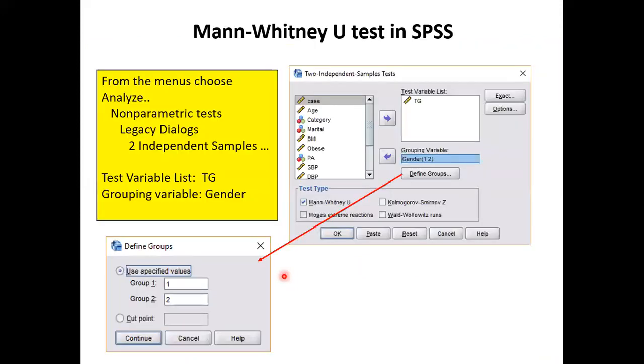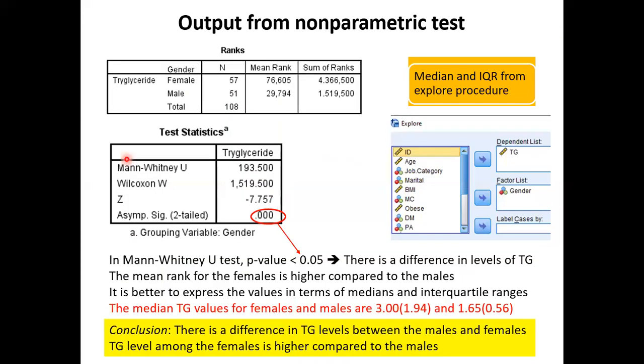Now do the non-parametric. So follow exactly what is shown here. Okay.